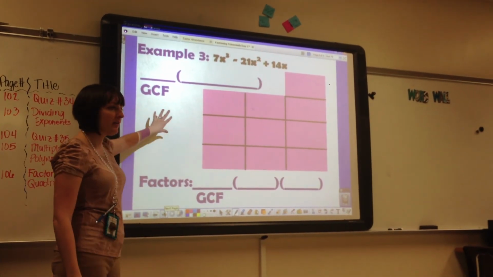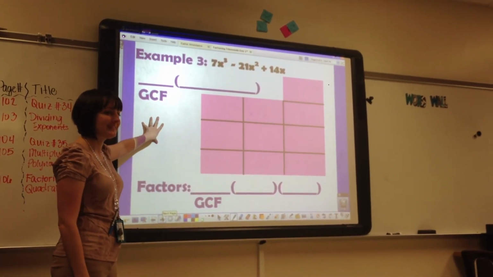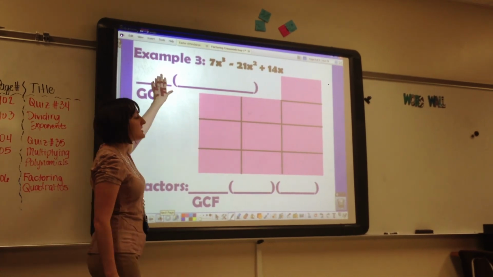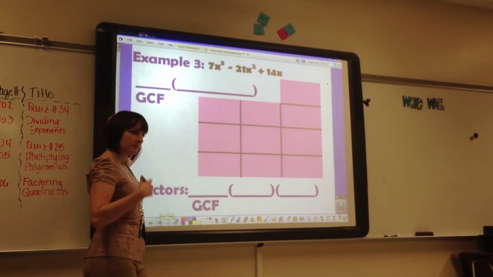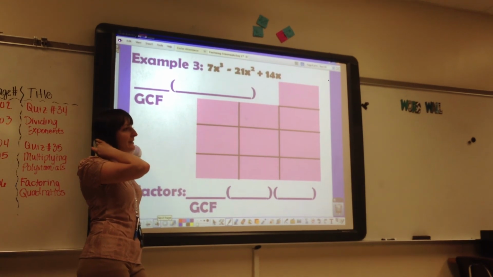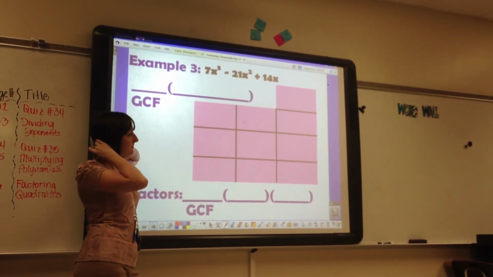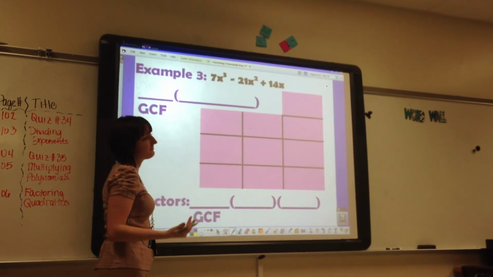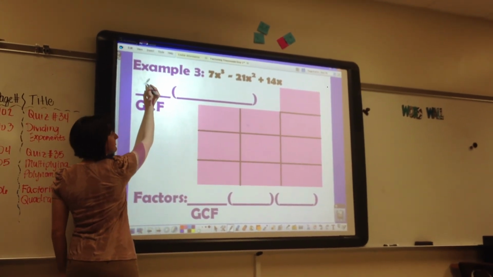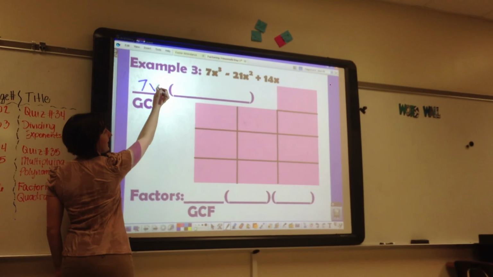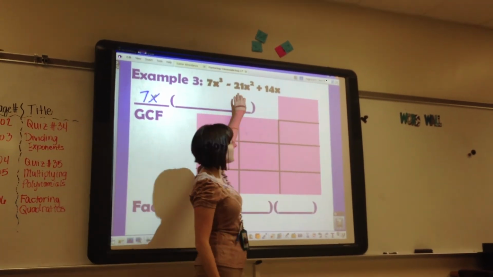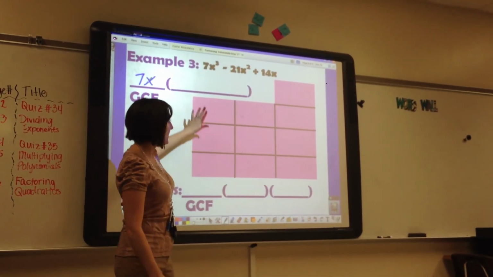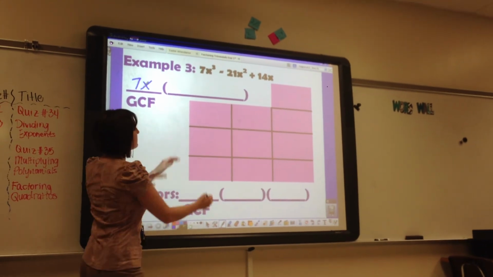So I'm going to start you off on this one, and then I want you to try it. What's the GCF? Say the whole GCF. 2x. Does 2 go into 7? No, I'm sorry, I apologize. 7x, because they all have an x. So what's left? 1.